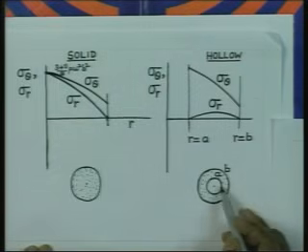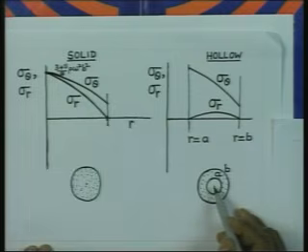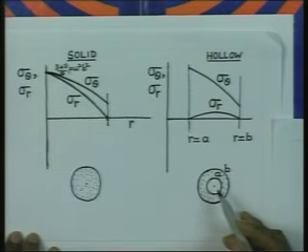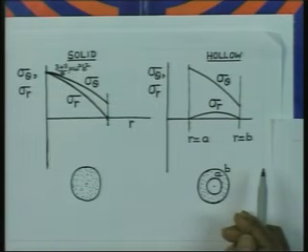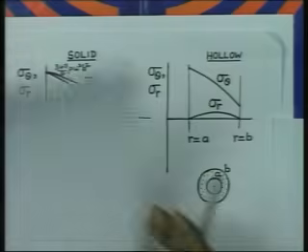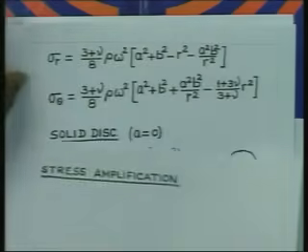So, here it represents a typical cross section of a shaft rotating at very high speed, and let us try to see, if this radius a is tending to 0, then what happens to the circumferential stress. So, let us go into this.